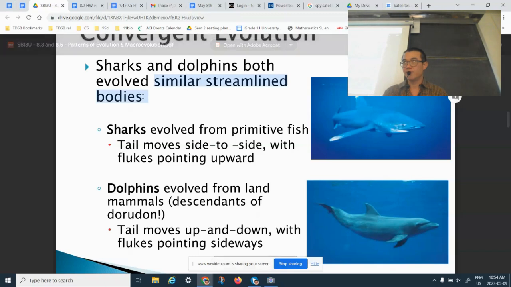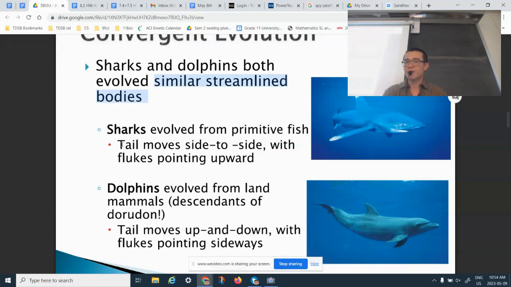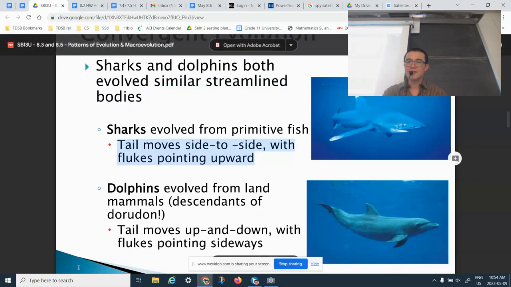However, how they do it is slightly different. Okay, sharks move their tails side to side. Dolphins swim by moving their tails up and down.